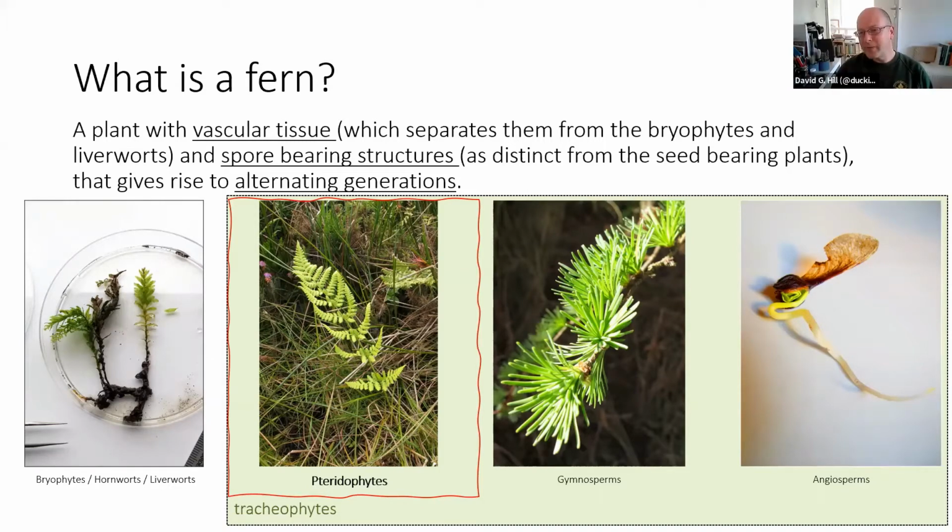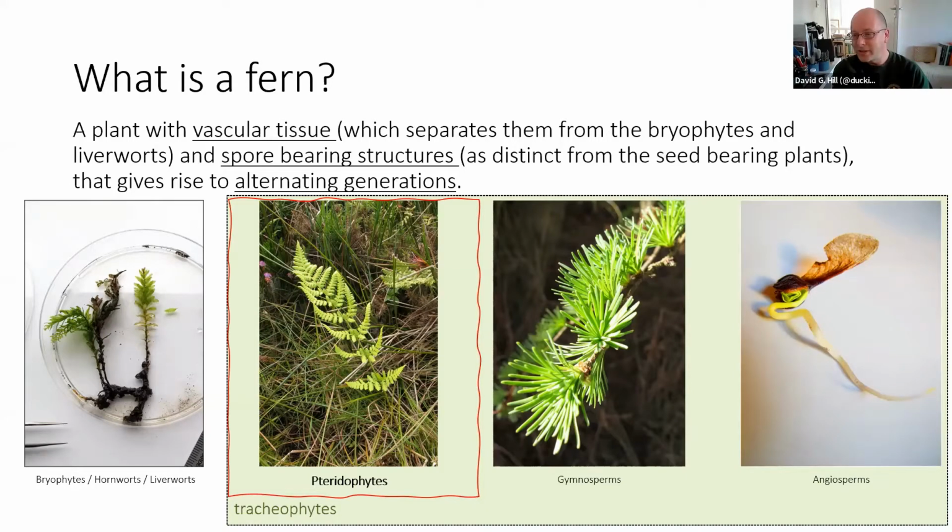But in terms of reproduction, they have spores. I'll go into a bit more about the reproduction side and the spore-bearing structures. But the fact that they have spores is what separates them from gymnosperms, so things like the conifers, and angiosperms, the seed-bearing plants, the flowering plants. So they have quite a different life cycle, which obviously has implications both for identification and for cultivation.